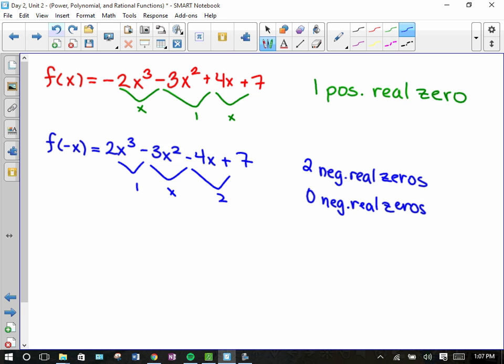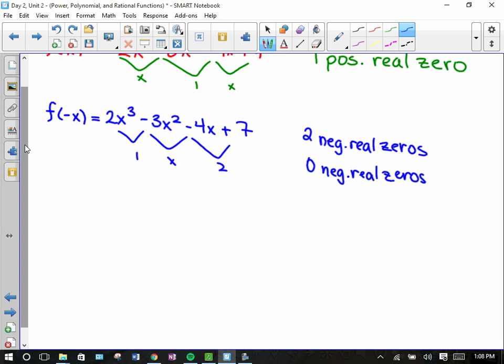Now, it says describe, word for word, describe the possible zeros of each function. All right. Easiest way to describe that is to create a table. You have positive zeros, negative zeros, and imaginary zeros. I know for a fact there has to be one positive zero.